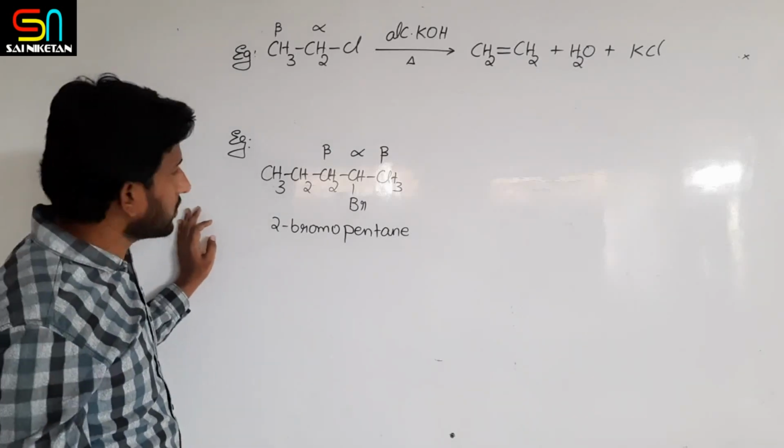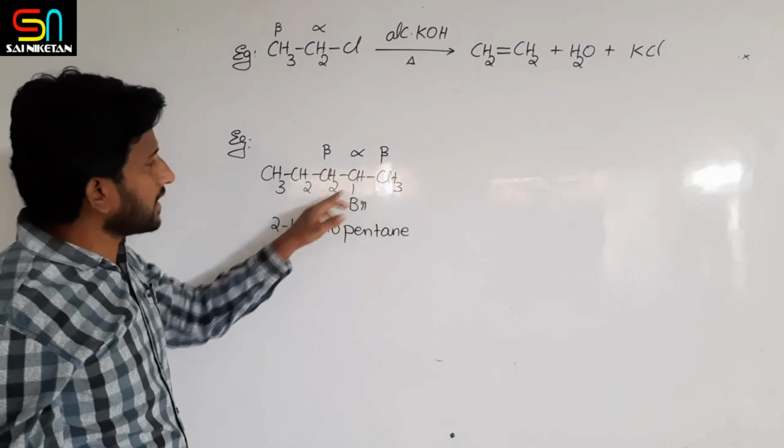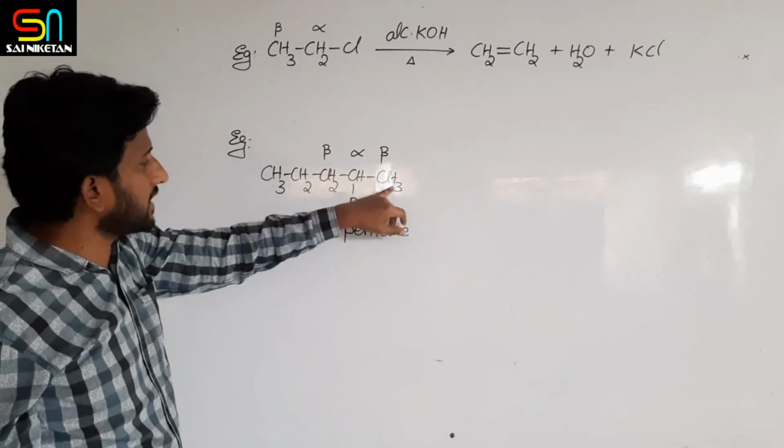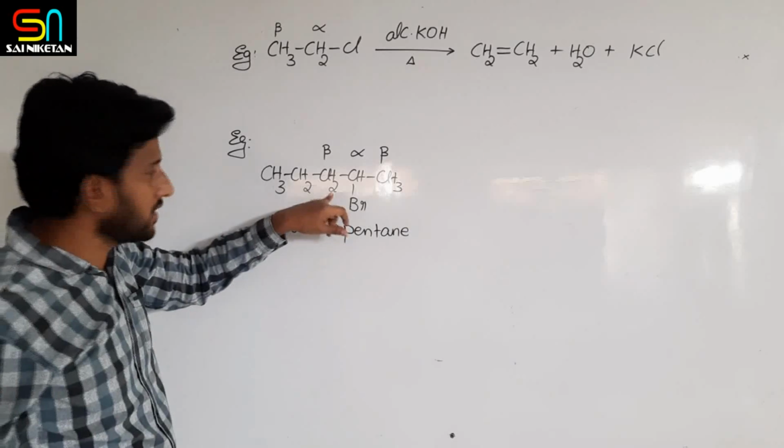Means now there are two beta carbons, two types of beta hydrogens. Here 3 beta hydrogens, here 2 beta hydrogens.